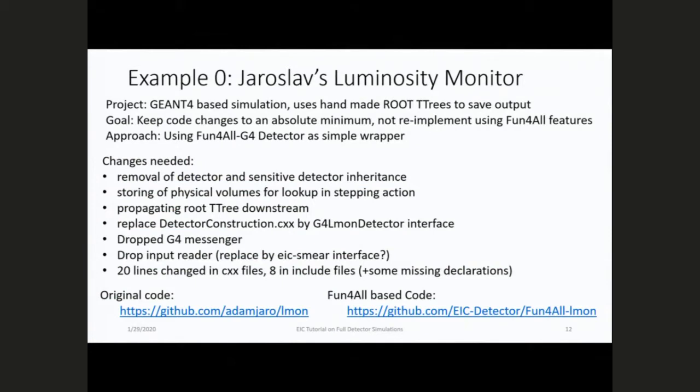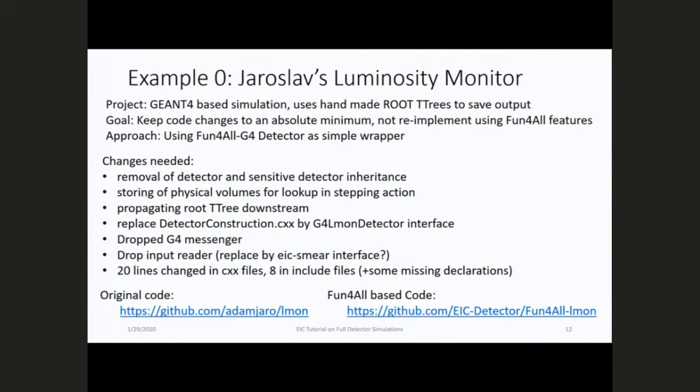I replaced the detector construction CXX with a G4LMon detector interface. I dropped the G4 messenger, and I dropped the input reader, in the hope that whatever he's using as an event generator is covered by EIC smear. So I didn't try to read in the input. I could have done it, but I was too lazy to write that code.